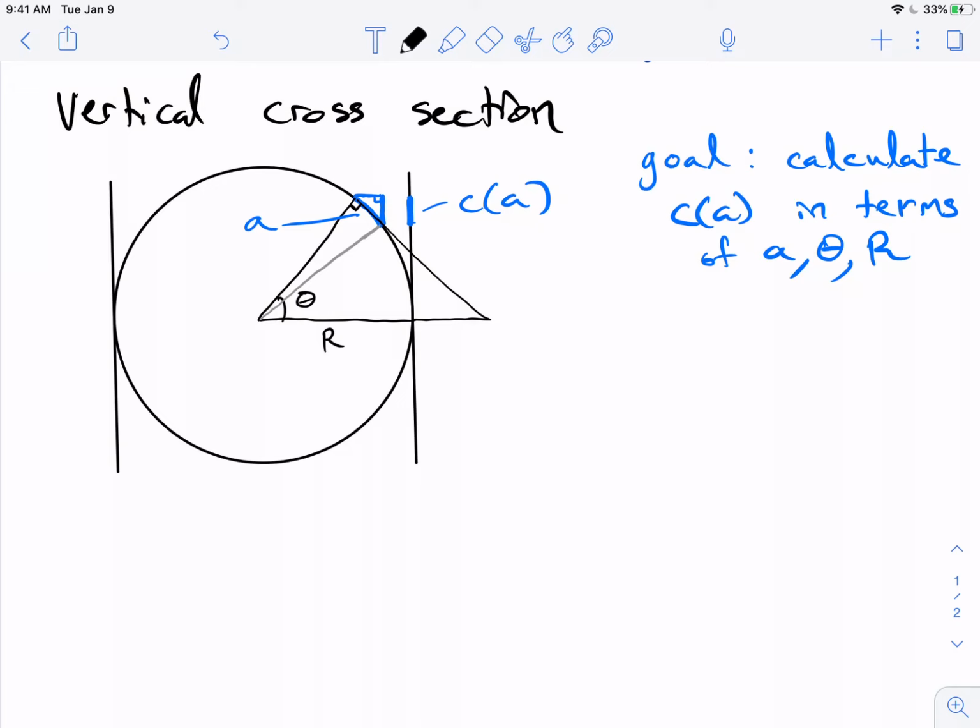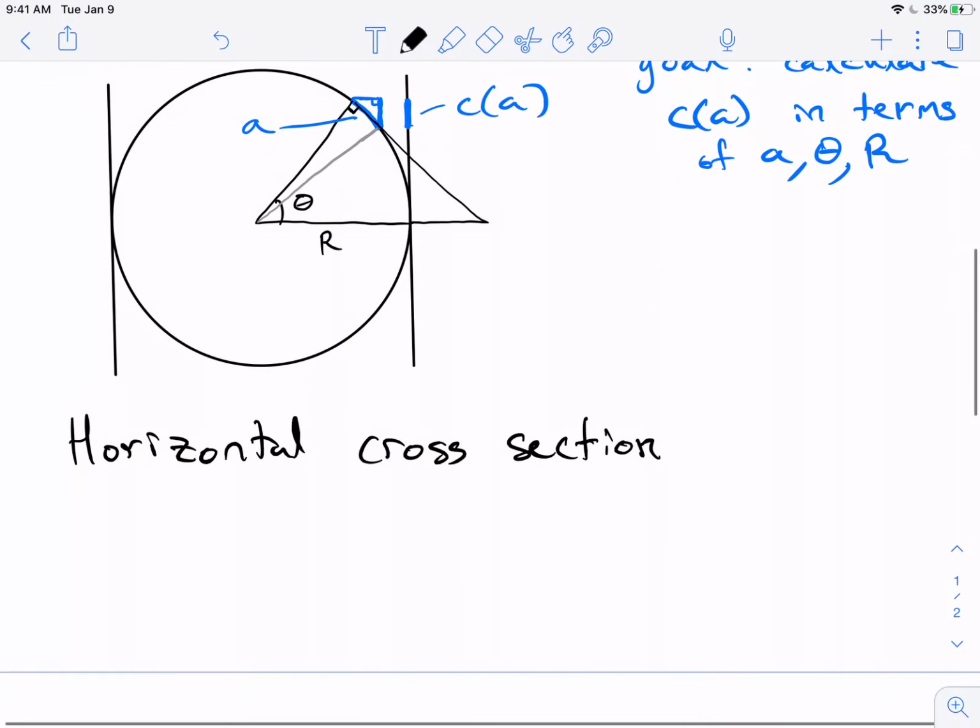Next we'll do one which I think is potentially a little easier. When I've done this with groups in the past, some groups were able to solve the vertical one first, some were able to solve the horizontal one first, so I don't really know which one's easier.